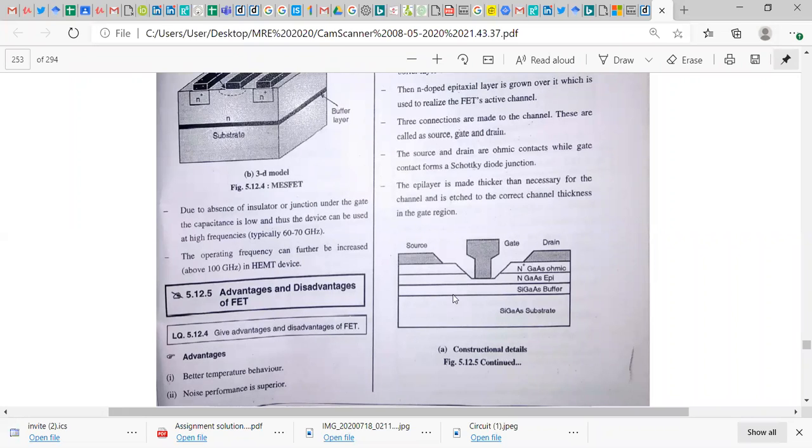Next to that, an N plus type of layer is grown by doping, because it is having a high concentration. Over this we make ohmic contacts, metals are deposited for ohmic contact for source, drain, and gate. This is the basic construction of FET.